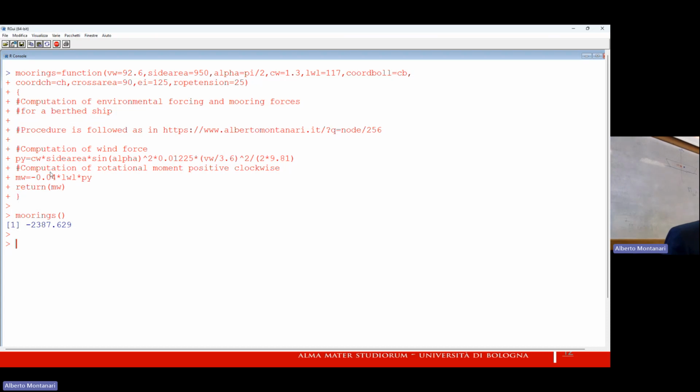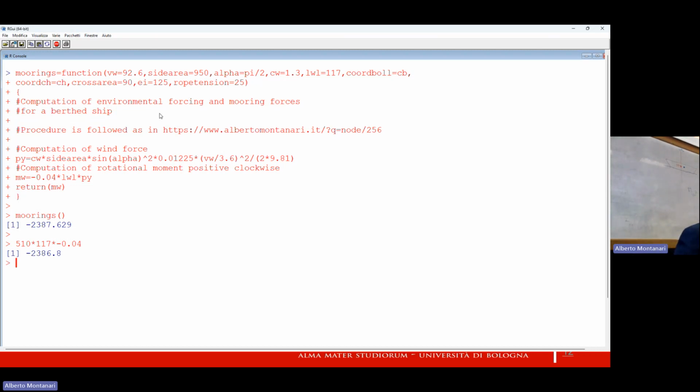The eccentricity coefficient is minus 0.04. The length of the waterline is 117, so the PY was something like 510. If I make 510 times 117, the length of the waterline, times minus 0.04, I should get something similar, you see.